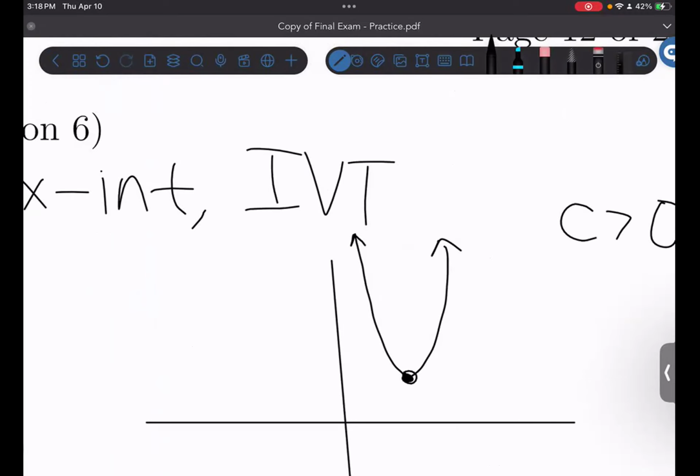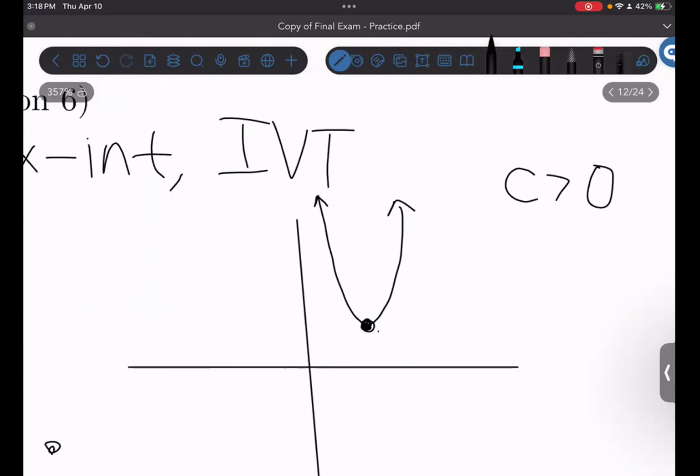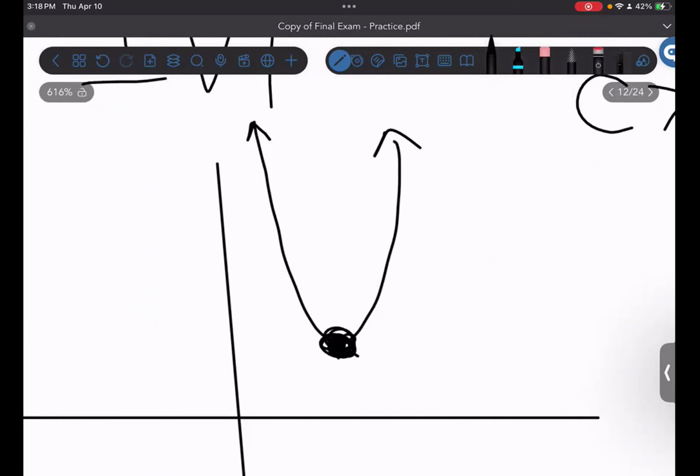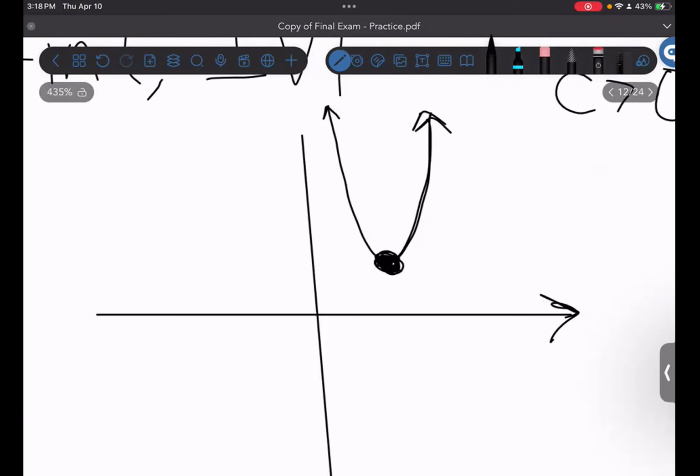But notice how our function changes depending on what c is. So if I make the minimum value way above the x-axis, I will never have an x-intercept. Why? Because it's going upwards. It's never falling back down to the x-axis. So that's bad.